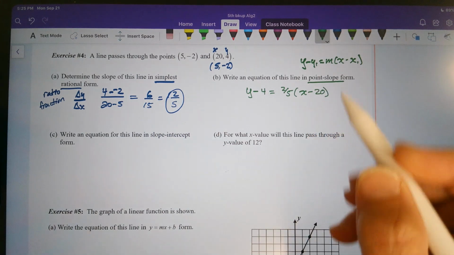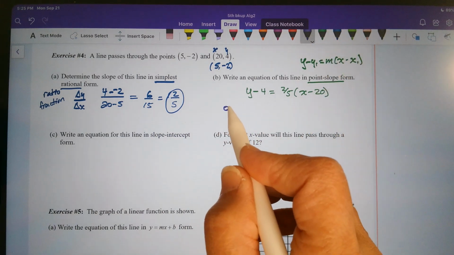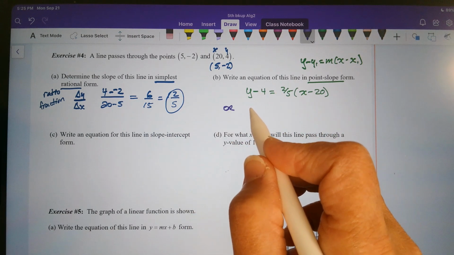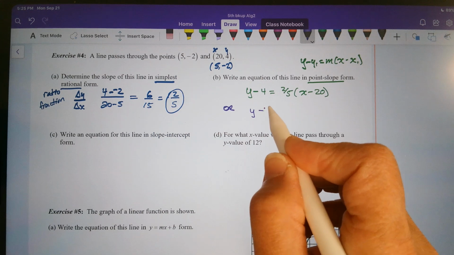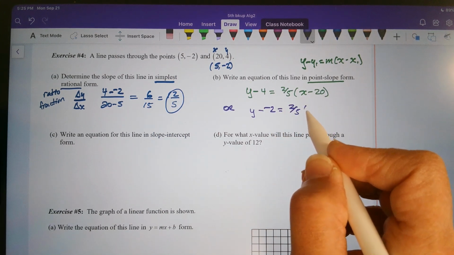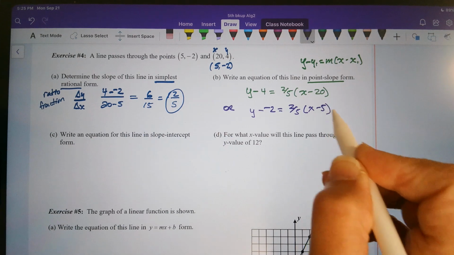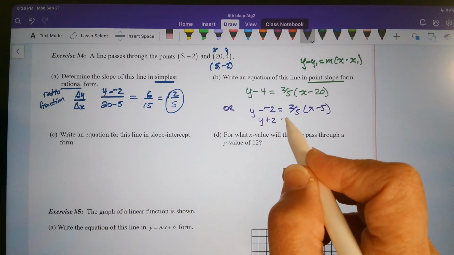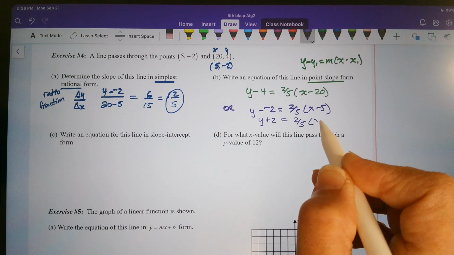That's fine. Or if I chose the other point, y minus negative 2 equals 2/5 times x minus 5. And if I just clean up that double negative, that looks better.